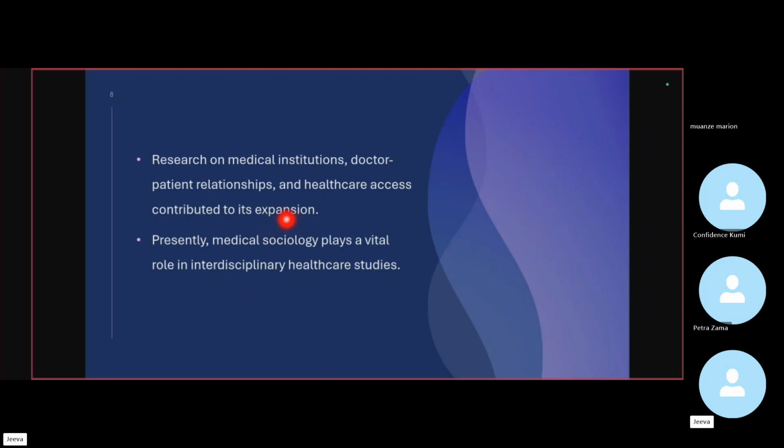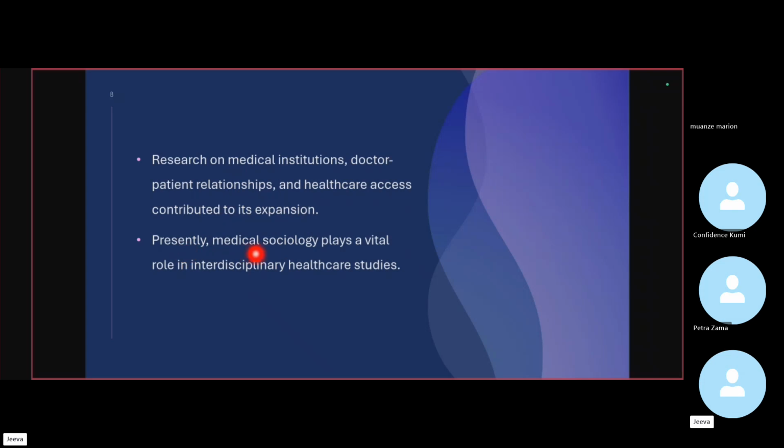As I told you, medical sociology looks at the healthcare system and how it works. In a medical institution, obviously there will be a doctor-patient relationship, right? Then there will be various medical accesses, all of which contribute to the expansion of medical sociology.